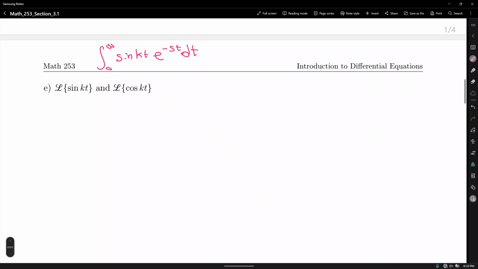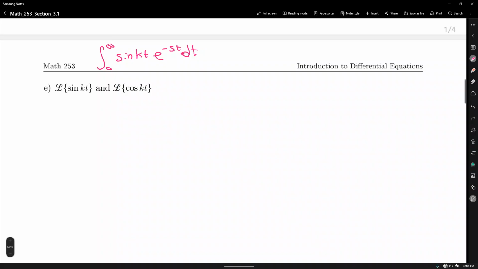Guys, this integral is a nightmare to evaluate. If you remember this integral from calculus 2, it's one of those integrals that took a page or a page and a half to evaluate, and it goes in a loop. Eventually, you get back to the original integral. You have to treat the problem like an equation. And to be honest, guys, I have time, but I don't want to do it like this.